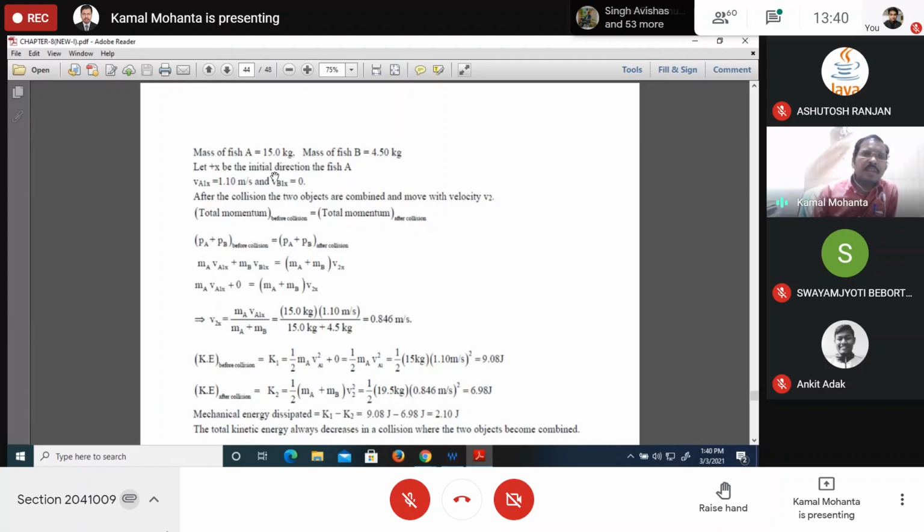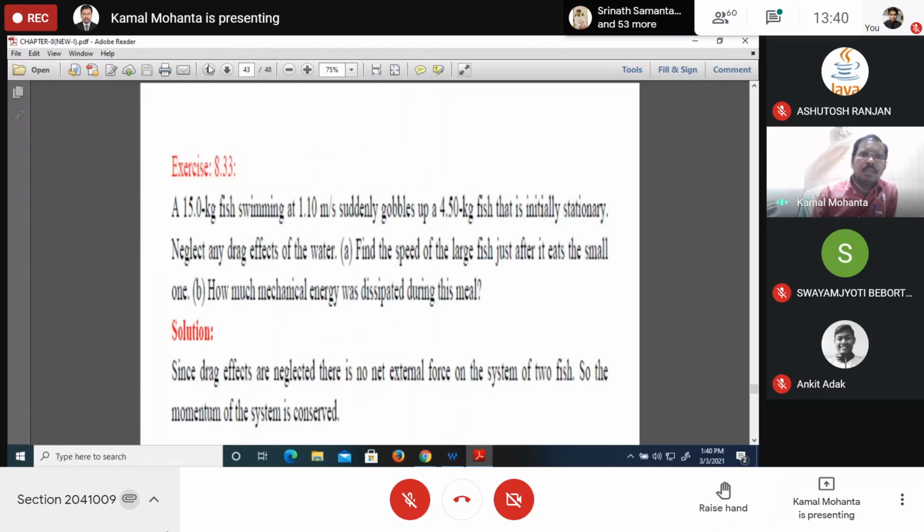So the mass of the fish is 15 kg, and the mass of the other is how much it is given? Just a minute. One piece is given 15 kg and another is 4.5 kg.